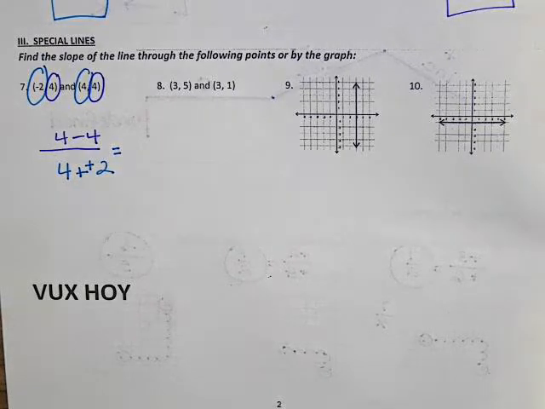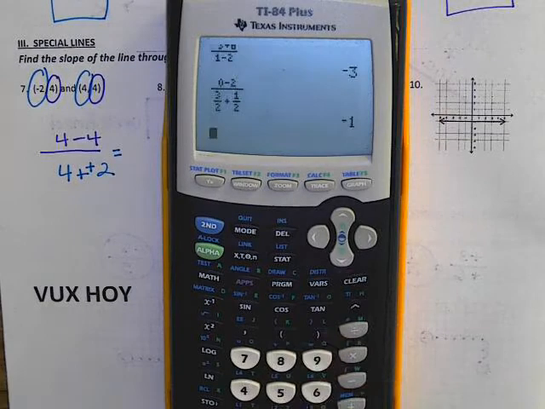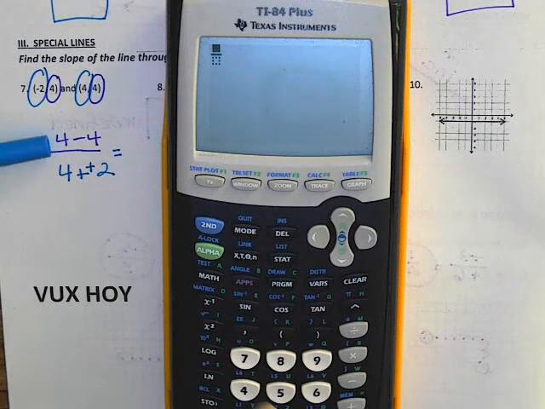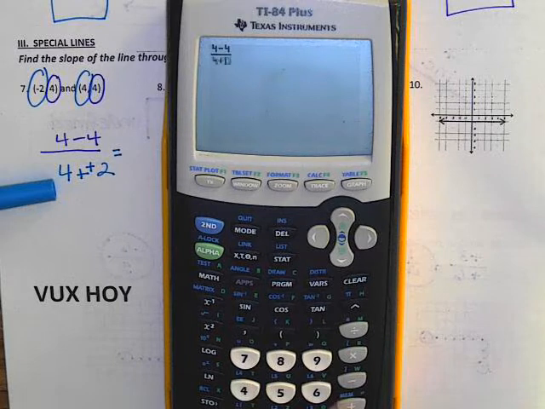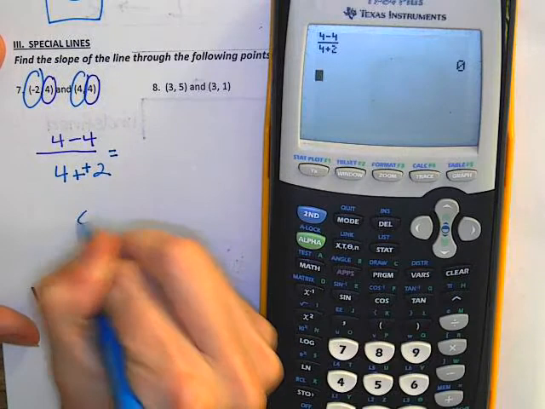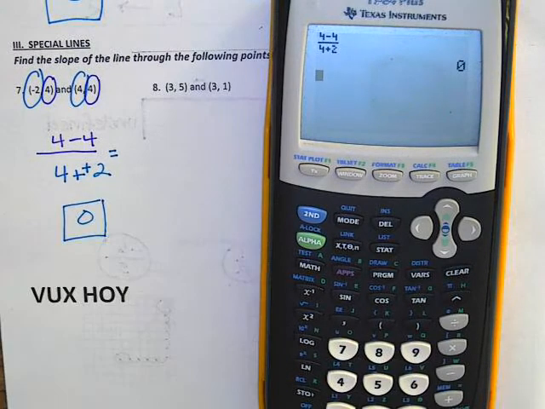Okay, so let's see what happens there. If you guys were to type this in, on top you would get 4 minus 4, and on bottom you would get 4 plus 2. You end up getting 0. Okay, so just so you know, sometimes the answer is 0.